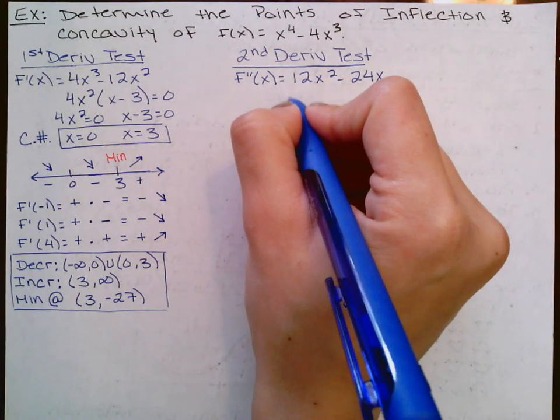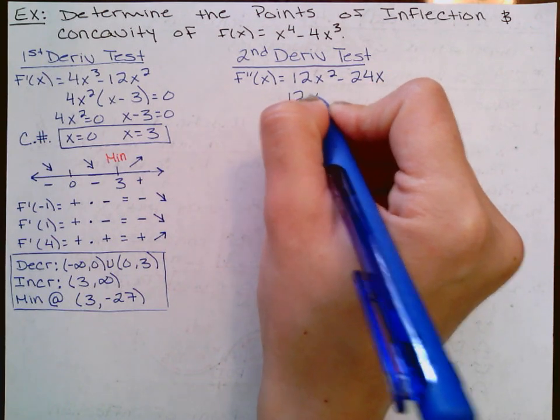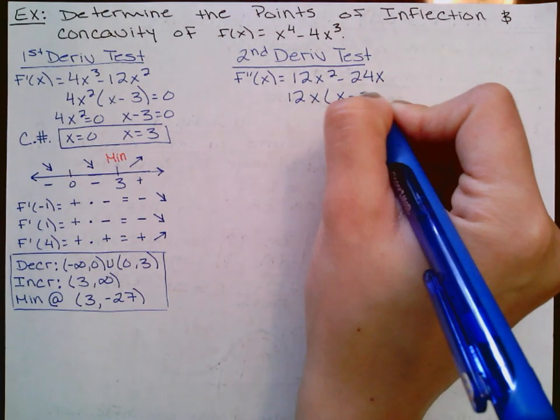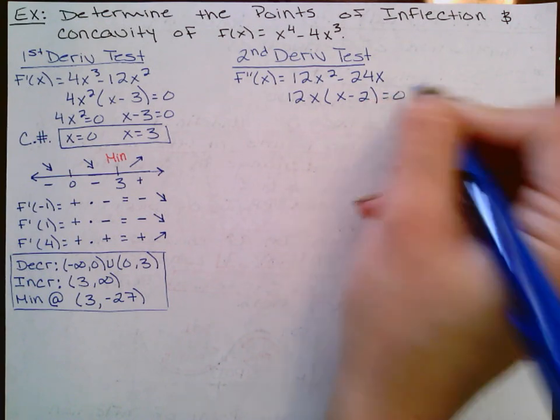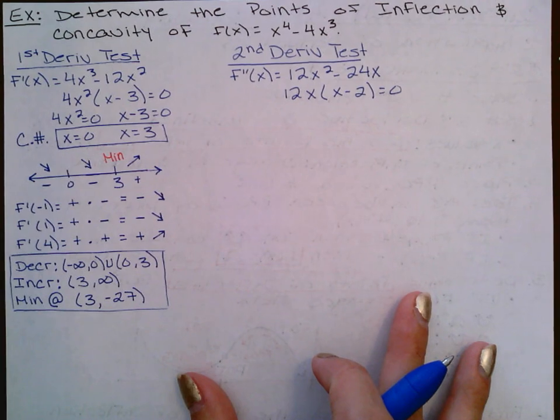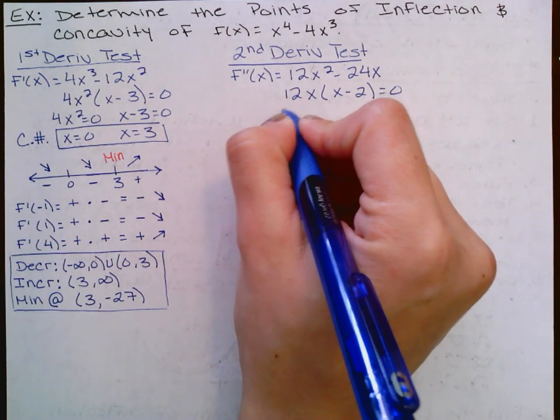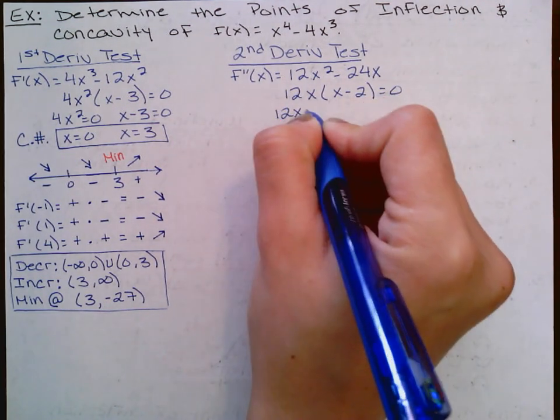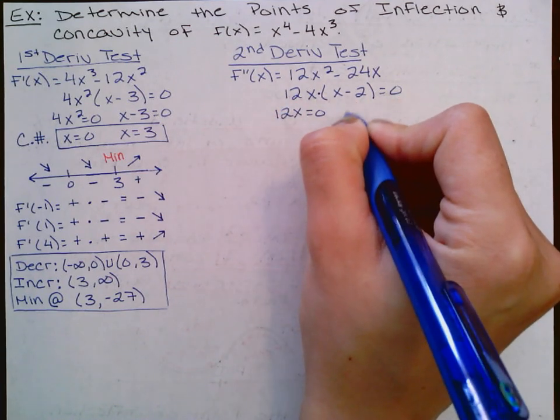Okay, I can factor out a 12x, and I'd have x minus 2. And we're setting that equal to 0. Okay? So now set each equal to 0 because they're separated by multiplication.